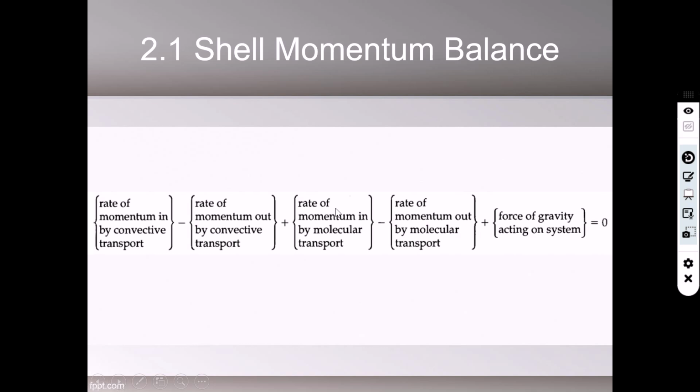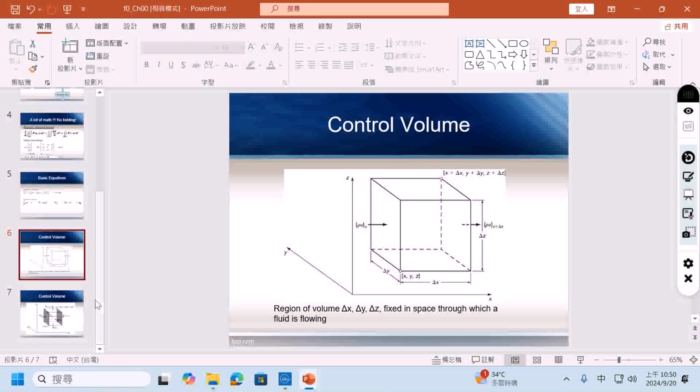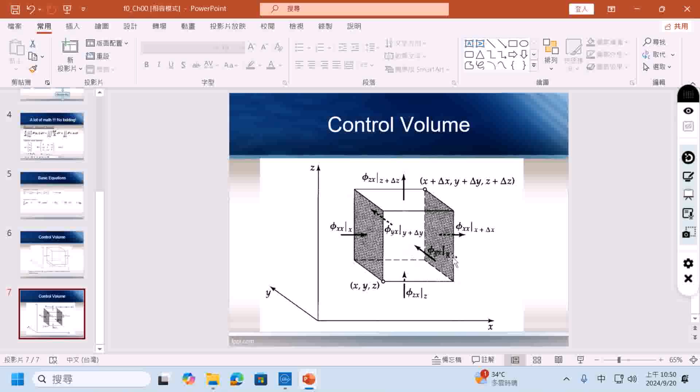And we can do it in two ways. One is we can directly use this to get the equation of motion, because we take a control volume in this way, in all directions. And the second way is we don't take a control volume in all directions.